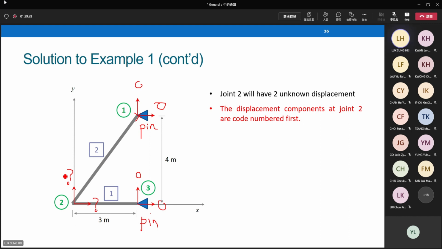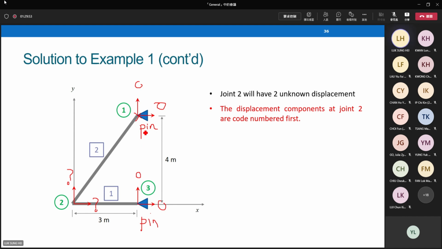This is the skill that you have to develop. You have to know how to identify where we have 0 movements and where we have unknown displacements. That's why you have to be familiar with the support conditions. I showed you one page on the support conditions last time in the introduction notes. You may go back there and have a look again.